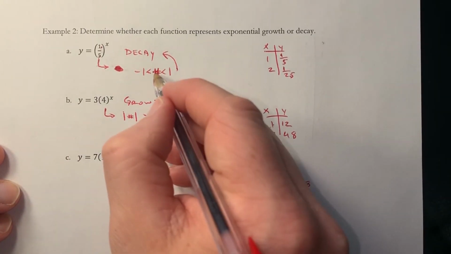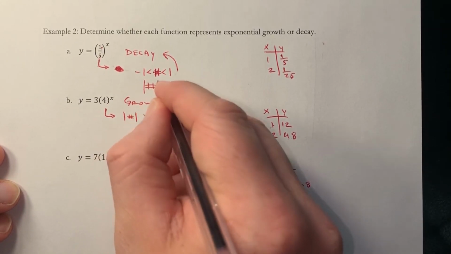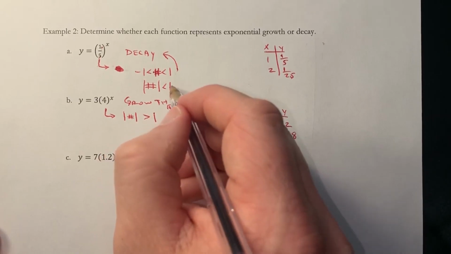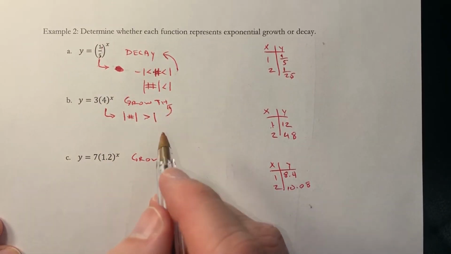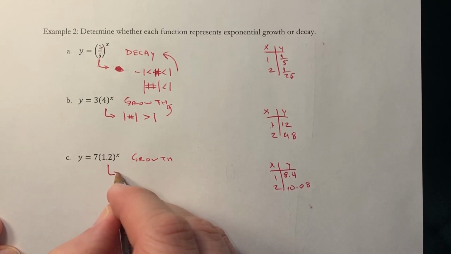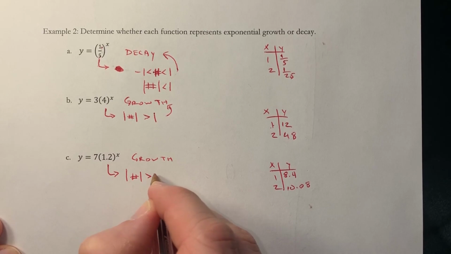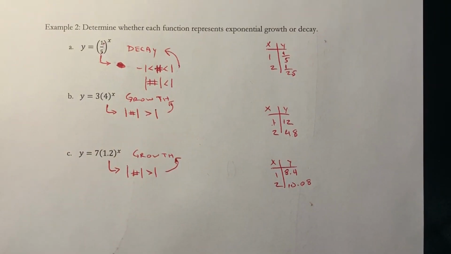So this one, if I wanted to write with absolute values, would be the absolute value of that number is less than 1. So when that number has an absolute value less than 1, it's decay. When it has an absolute value greater than 1, it's growth. And in this case, once again, we have a number whose absolute value is greater than 1, and that gives us exponential growth.